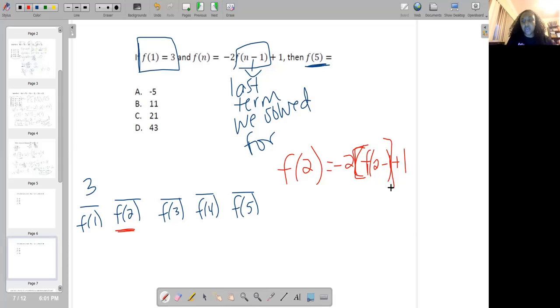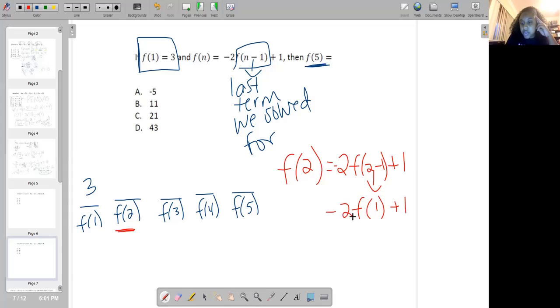Actually, let me just make it cleaner so I don't confuse you. So f of 2 equals negative 2 times f of 2 minus 1 plus 1. We know what 2 minus 1 is. 2 minus 1 is just 1. So that's going to be f of 1, right?